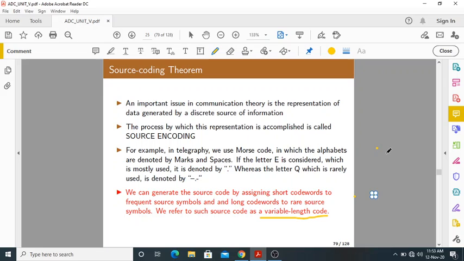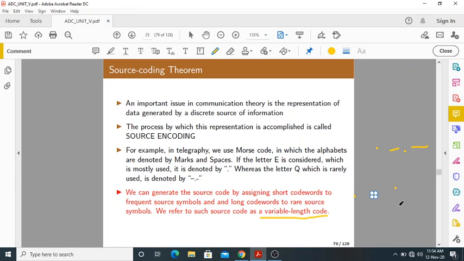For Q, we have dash, dot, dash. So the lengths of the code words are not the same. Different symbols will get different length codes. We'll study this elaborately, but it is a type of variable length source encoding.